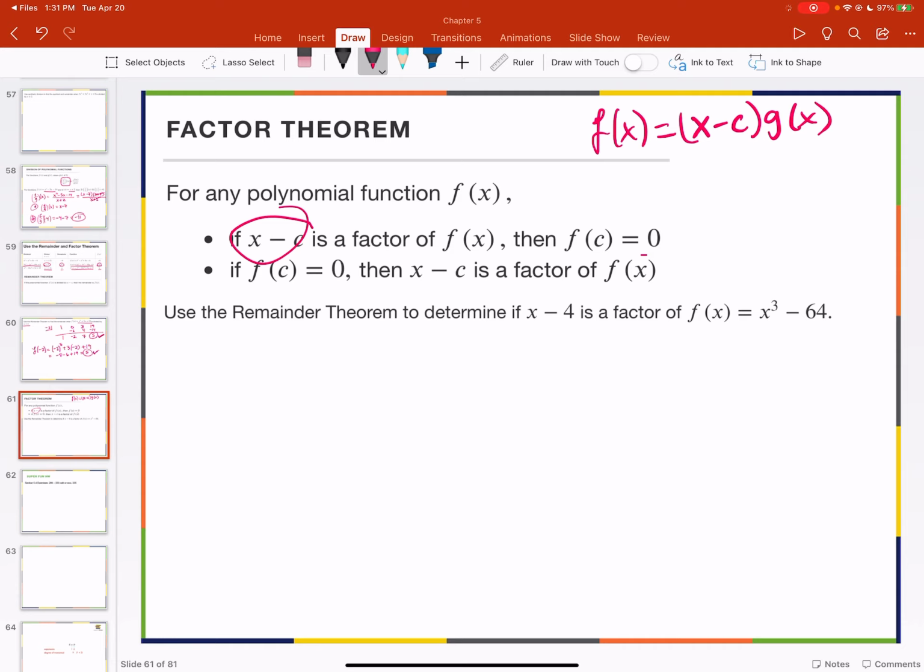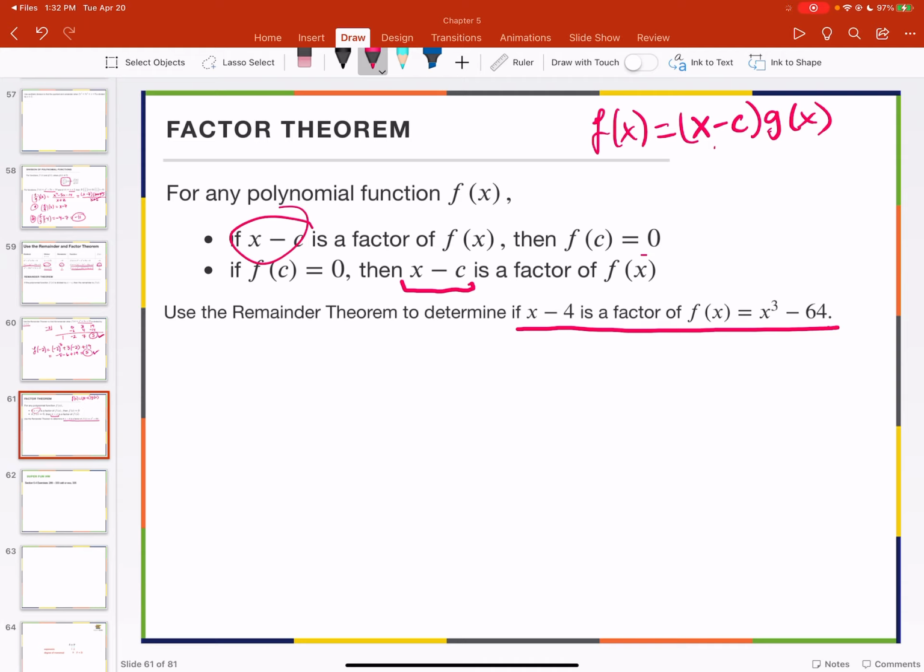We don't know what it is, whatever the quotient is. So if you plug in c, you'll get 0 times something, so you'll still get 0. It works both ways. If I plug in a value into f and it equals 0, that means x minus that value is a factor.